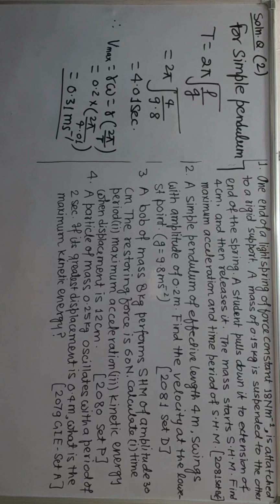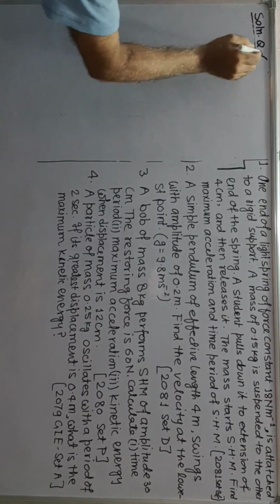Third question. The question is, a bob of mass 8 kg performs simple harmonic motion of amplitude 30 cm. The restoring force is 60 Newton. Calculate time period and maximum acceleration and kinetic energy when displacement is 12 cm. Solution to question 3.